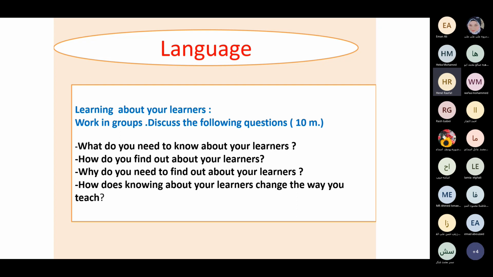I think that my colleagues said most of the points, but I'll add that we can know about our learners through talking to them and listening to them, and also through asking questions and listening to their answers, by observing their learning, and doing a survey.